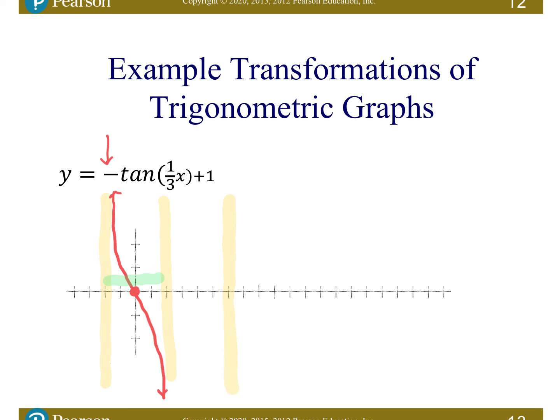Then I'd have another identical cycle coming down this way, and it would just keep repeating itself. You'll have another one 4 tick marks away from that, and then another graph coming down, hitting the origin.